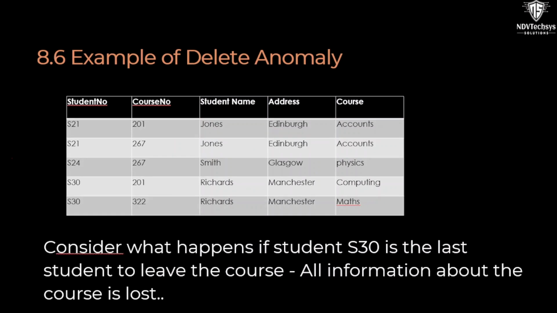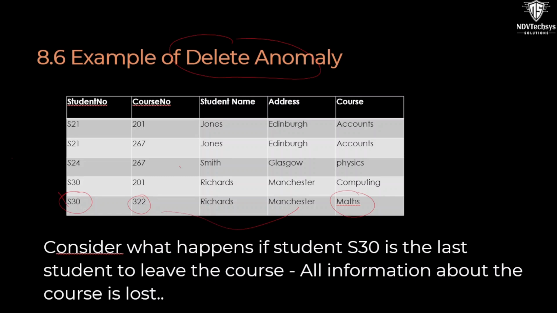Now let's discuss the delete anomaly with an example. Consider student S30. He has enrolled in the course 322, which is maths. If S30 drops from this course and is deleted from this table, the course maths 322 disappears from this table entirely.